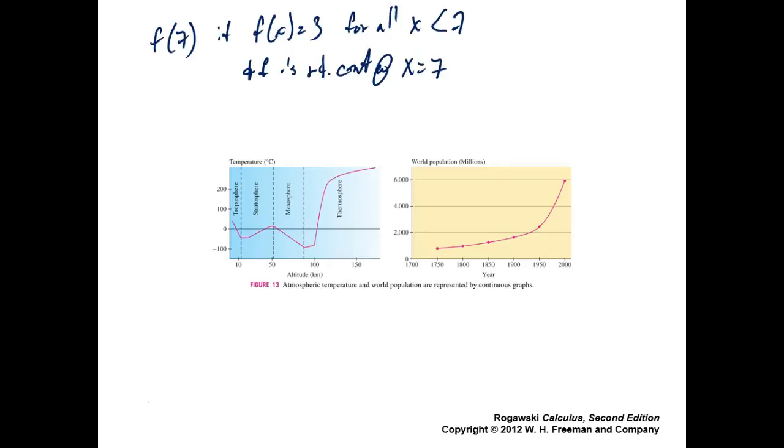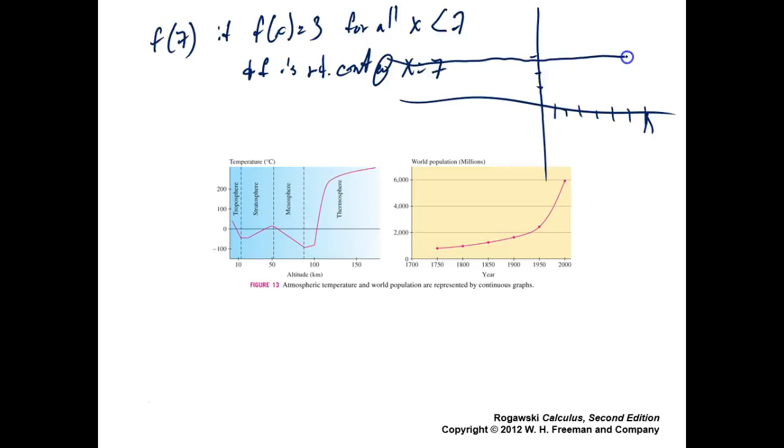So 1, 2, 3, 4, 5, 6, 7. This is where our interest is, x equals 7. We know f of x is equal to 3 for x less than 7, and we know f is right continuous at x equals 7.